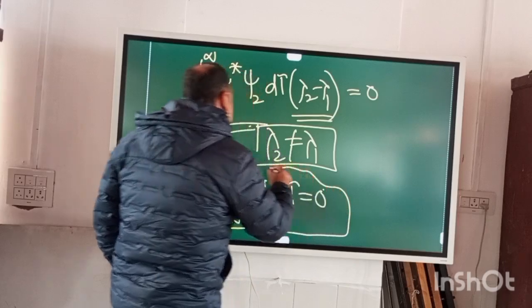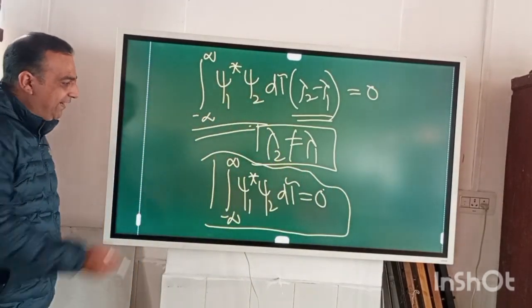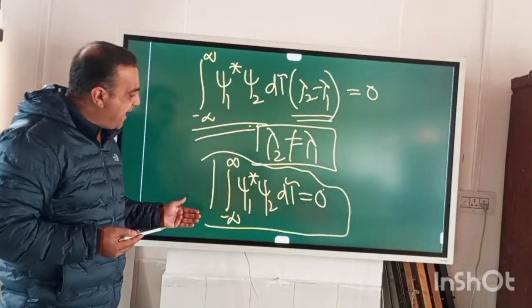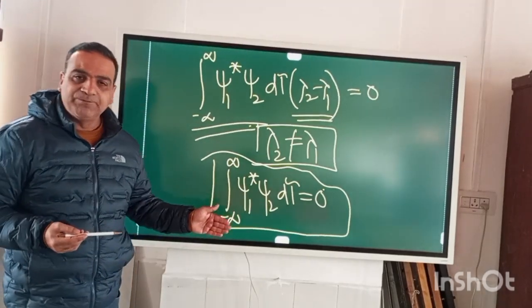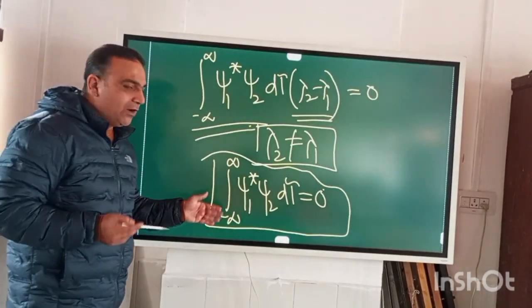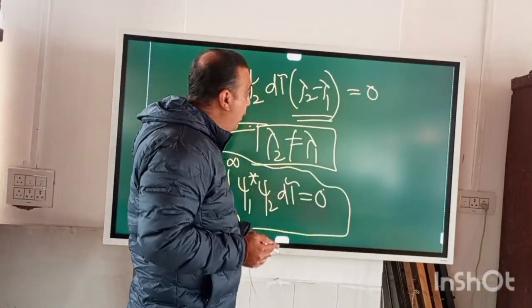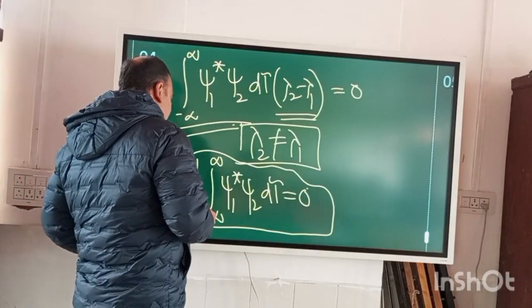So in this way, we have obtained the relation that we were interested in, and what we have obtained is that the two wave functions psi 1 and psi 2 are orthogonal to each other.